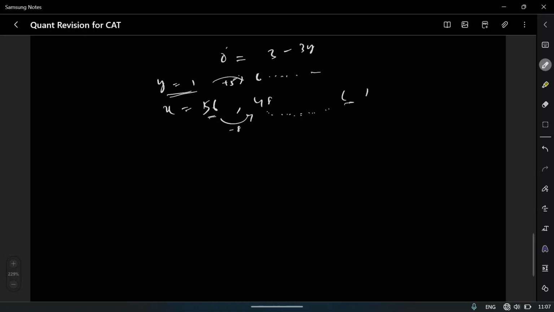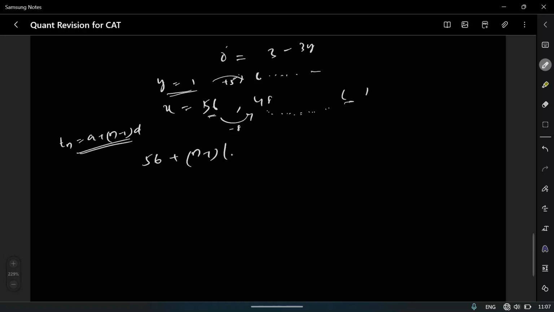This is an AP, right? For an AP, the nth term Tn equals a plus n minus 1 into d. This is an AP with a common difference of minus 8. So Tn is 56 plus n minus 1 into minus 8.